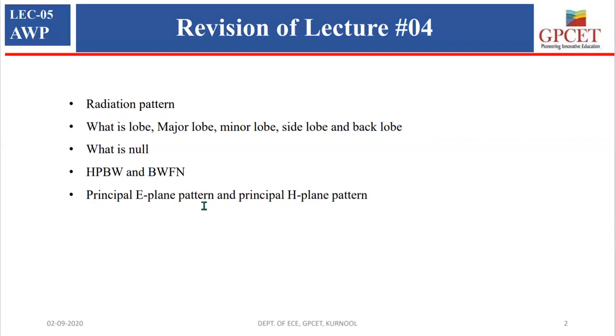Similarly, the principal H-plane pattern means the radiation pattern which contains only the magnetic field in the direction of maximum radiation. I explained these terms by considering a horn antenna radiation pattern. So these are the things we covered yesterday.